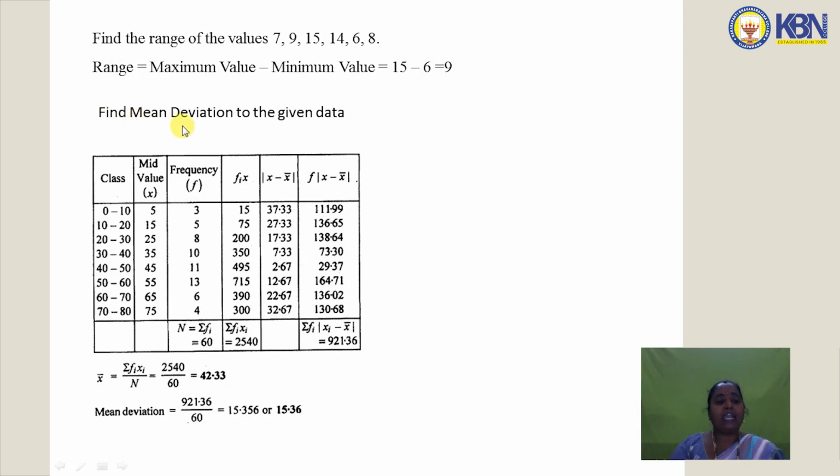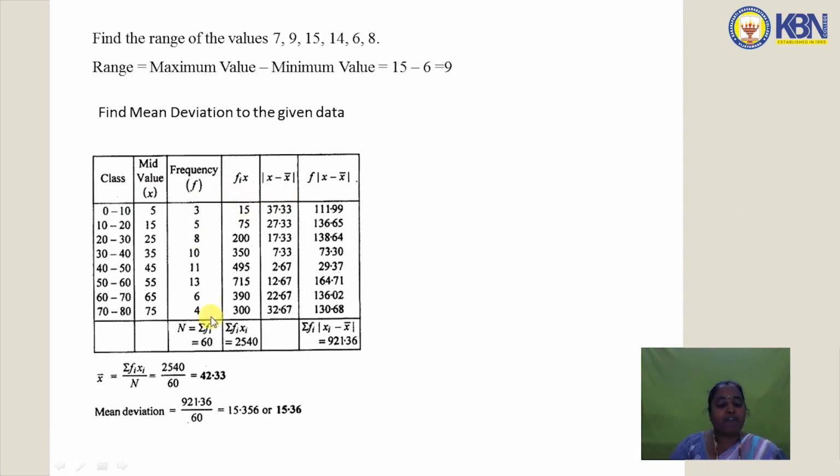If we want to calculate the mean deviation for the given data, they give only class intervals and frequencies. By using these class intervals, we have to calculate the mid values by using the formula lower limit plus upper limit by 2, and the next column is fixi. fixi means the frequencies are multiplied with mid values.